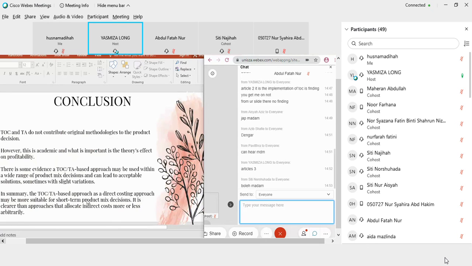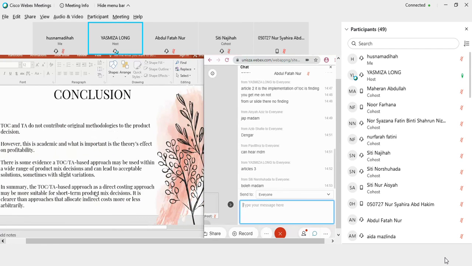Okay, so is this conclusion from the article or not ni? Sebab dia kata maybe more suitable to the short term product mix decision. Daripada artikel mana ni? Hello? Dia kata direct costing approach ni suitable for the short term product mix decision.